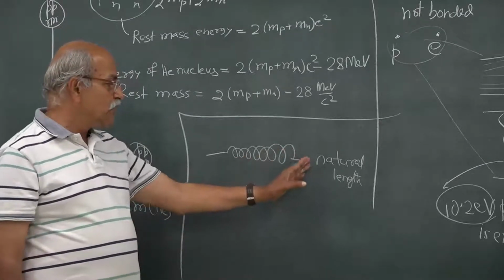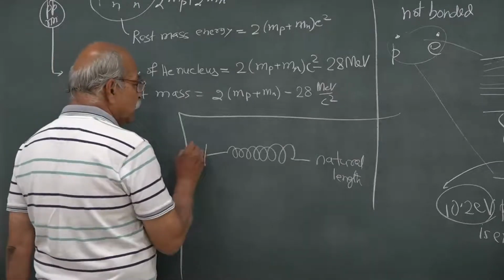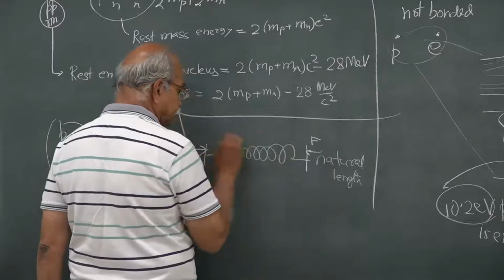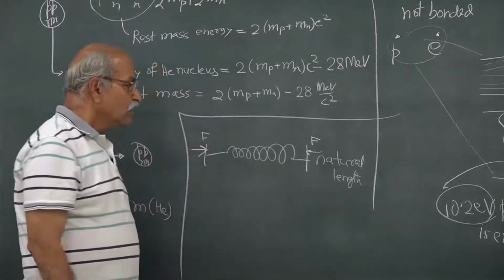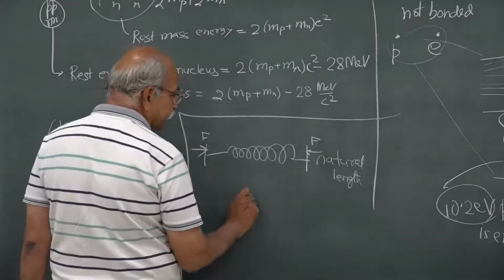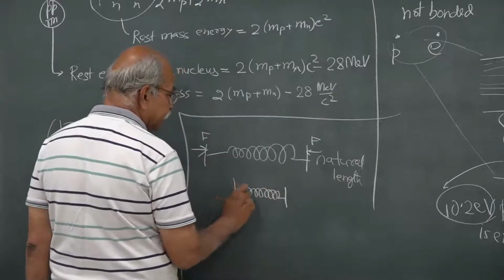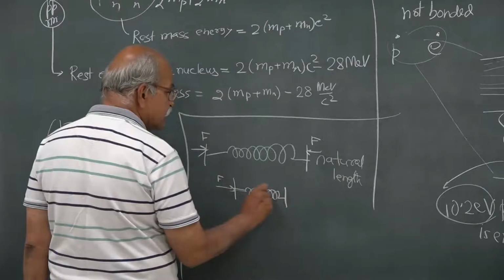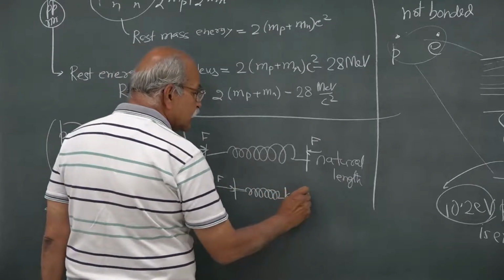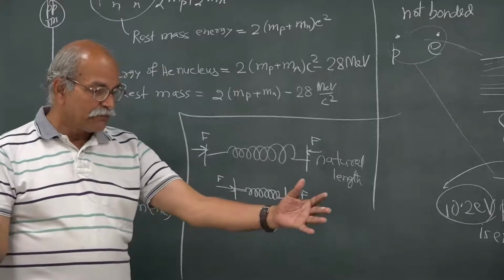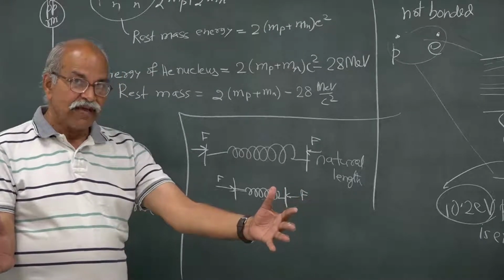From here also you have positive work. You apply a force here and here, and finally, if you apply a particular amount of force, you will compress it by a particular value.